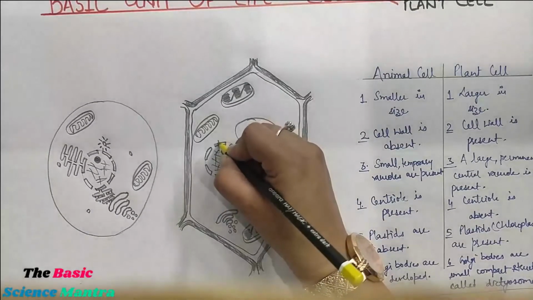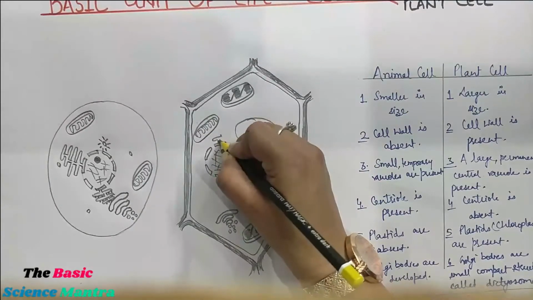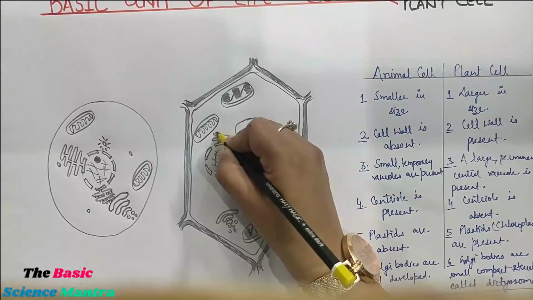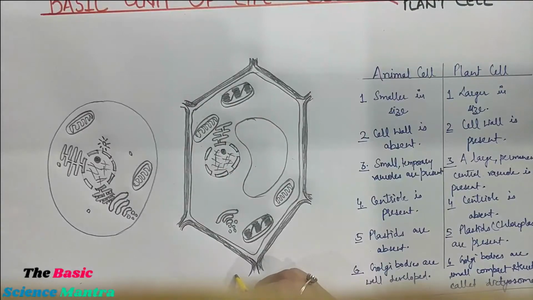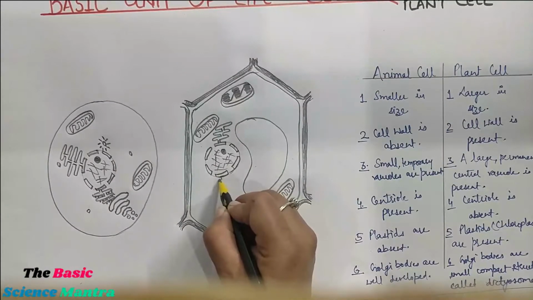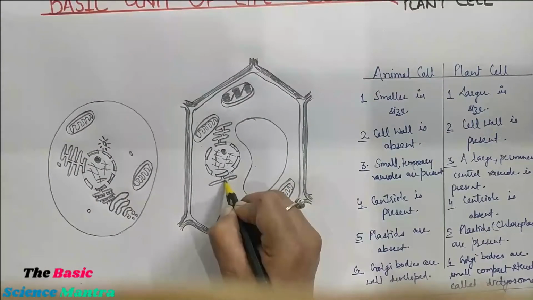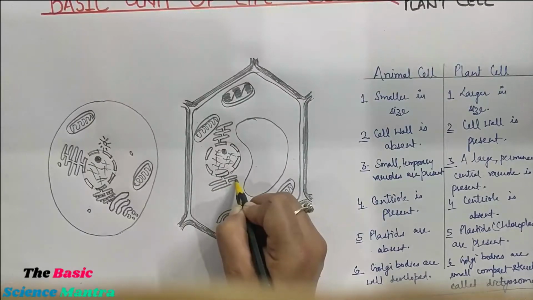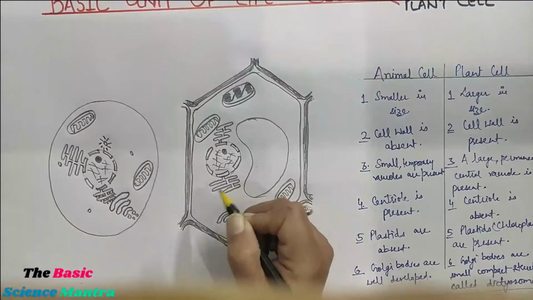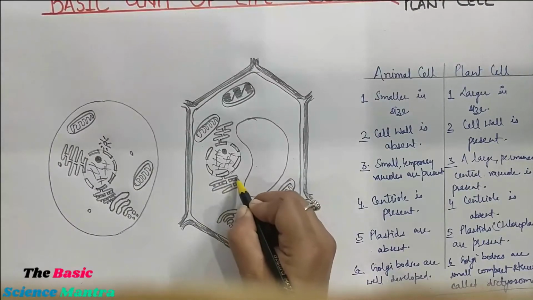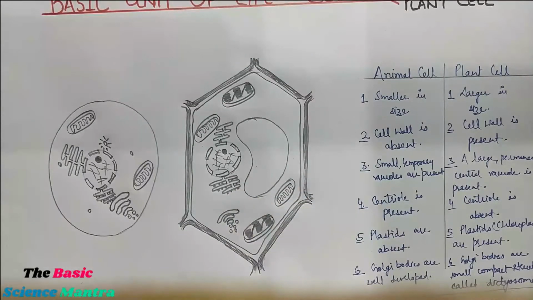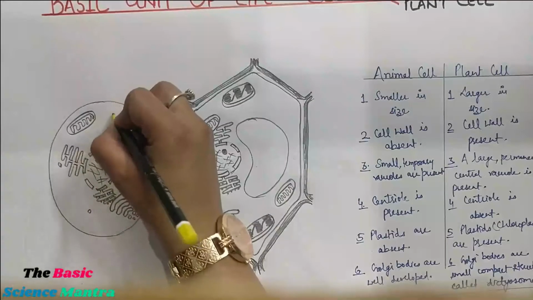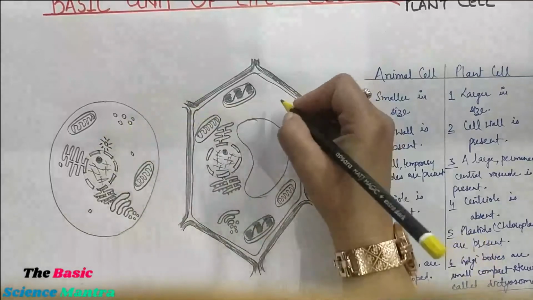Same in the plant cell, this is smooth endoplasmic reticulum. Now the rough. I am drawing ribosomes on the surface. This is called rough endoplasmic reticulum. Now I'll draw ribosomes. Ribosomes are present all over the cell.